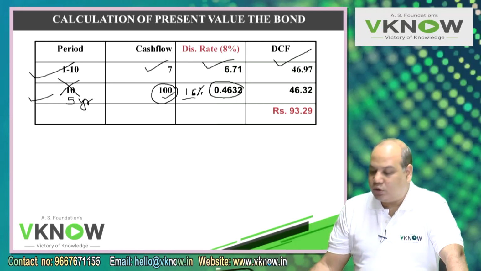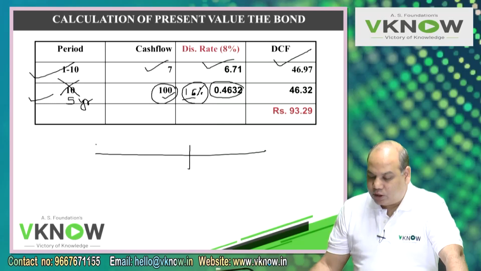So dear student, here you are making a small mistake. Do not take 16%, because if you are getting cash flow after every 6 months, and for 6 months your required return is 8%, so what will happen? If you have 100 rupees here, it will become 108 here, and it will become 108 plus 8%, so that is 116.64.